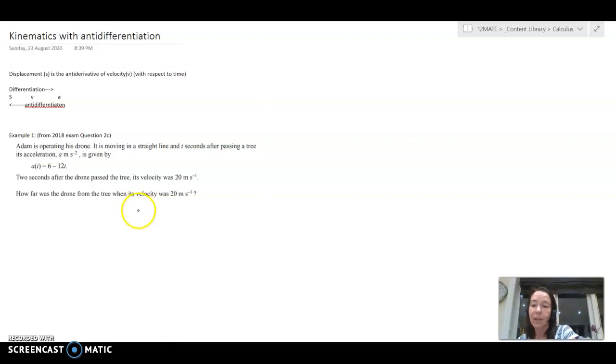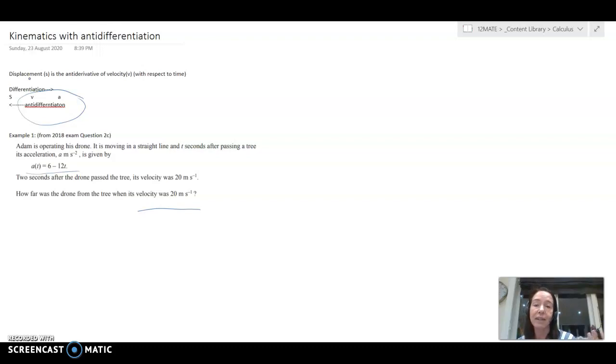Now, it's talking about velocity there, and we were given an original equation which was acceleration. So if I just look at my initial SVA, I know that I just need to integrate my acceleration.